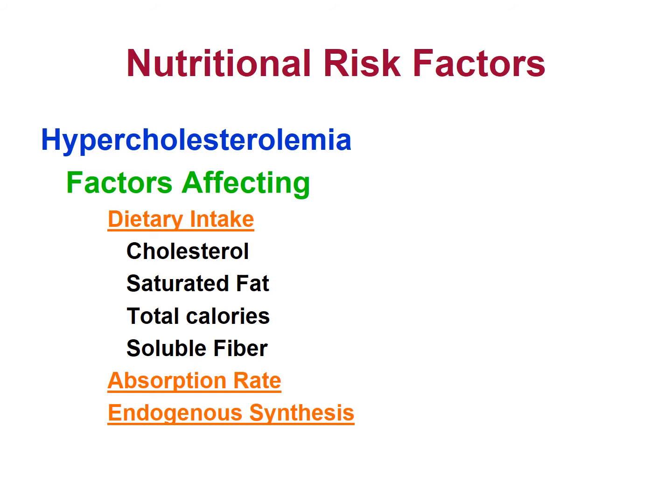And then obviously those VLDLs become IDLs to LDLs. So you can increase your LDL numbers by eating too much bread or too much meat. So total calories can also increase your LDL numbers, which would increase hypercholesterolemia.